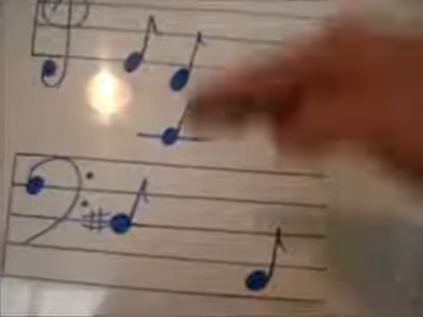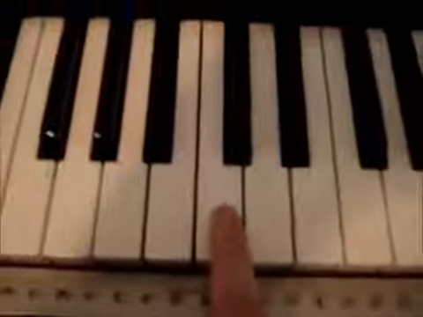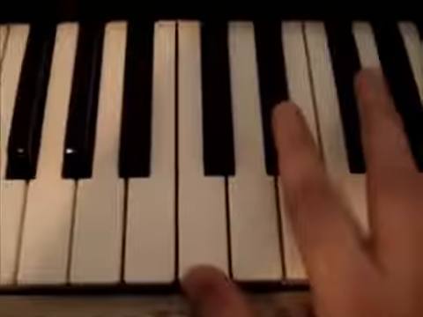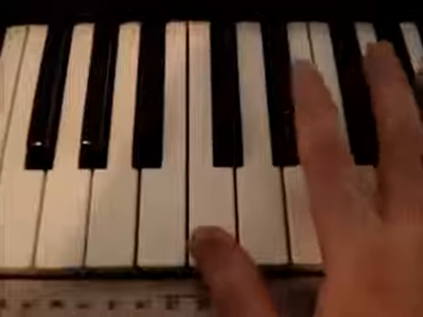Remember, guys, remember what I said before, middle C kind of separates these. So this line here is actually representing middle C. So you actually want to play these two notes together, again with both hands, but I'm just playing with one hand.